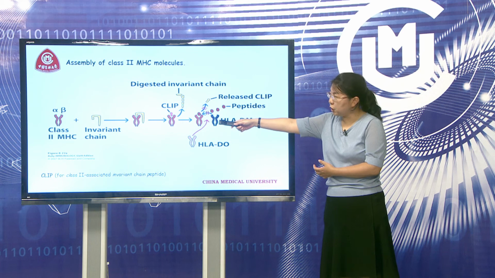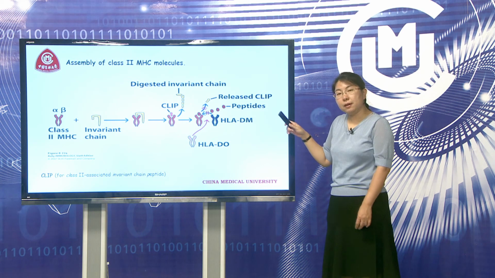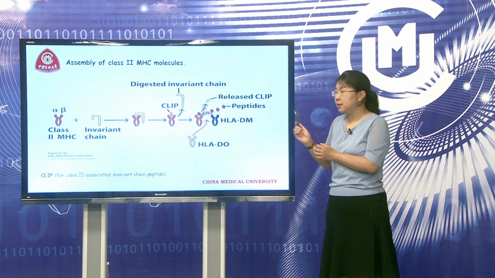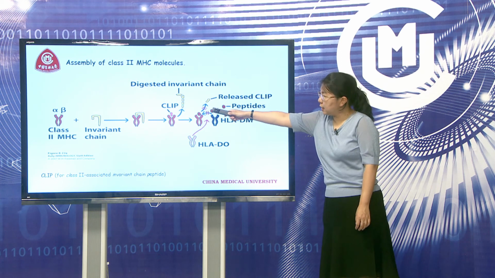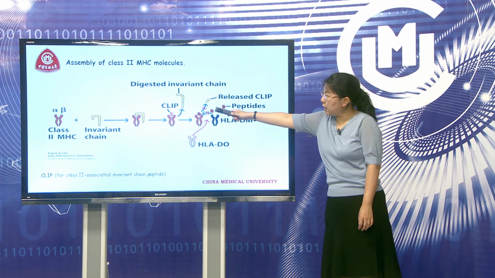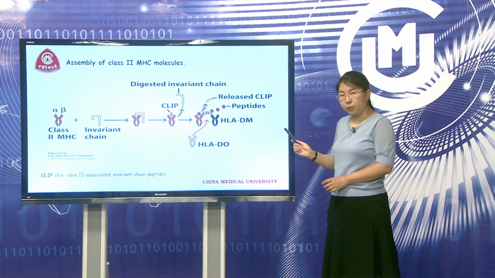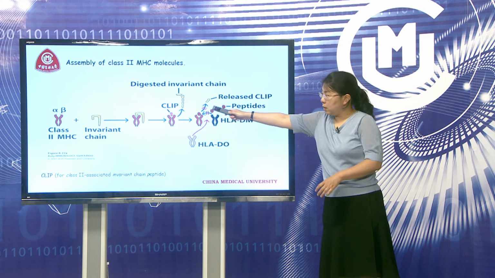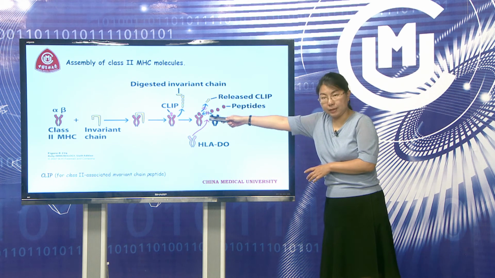This invariant chain occupies the antigen binding place of the class 2 molecule. Later, this invariant chain is degraded, but still a small peptide remains. We call it CLIP. So this CLIP always occupies the antigen presenting place.